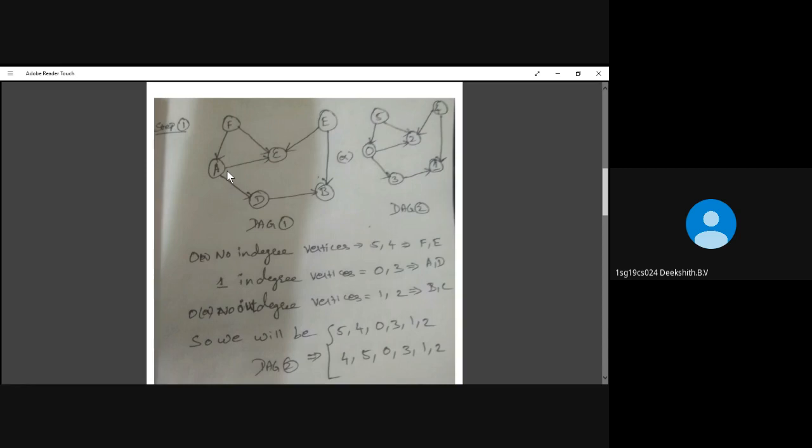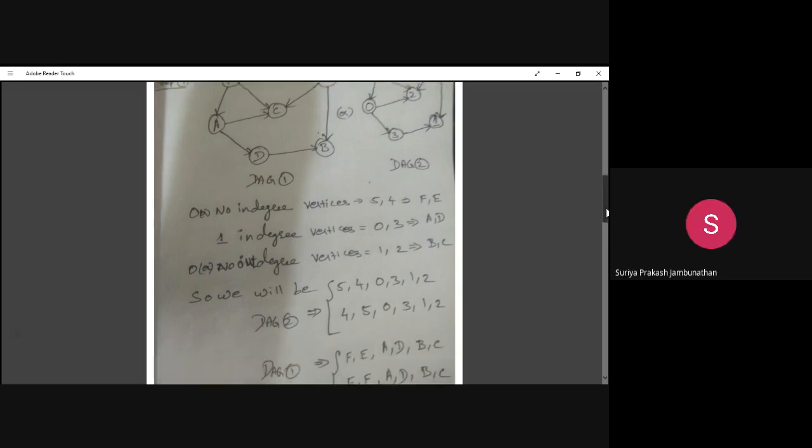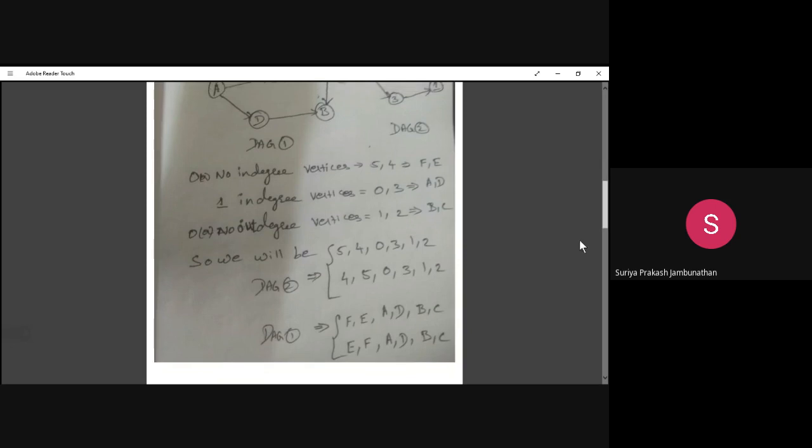FEADBC. FEADBC. Another solution? EFADBC. EFADBC. Very good. So according to that, we are having the solution for graph 1, FEADBC. So 0 in degree vertices, that is FE, will come first. 1 in degree vertices, that is A comma D, will come next.